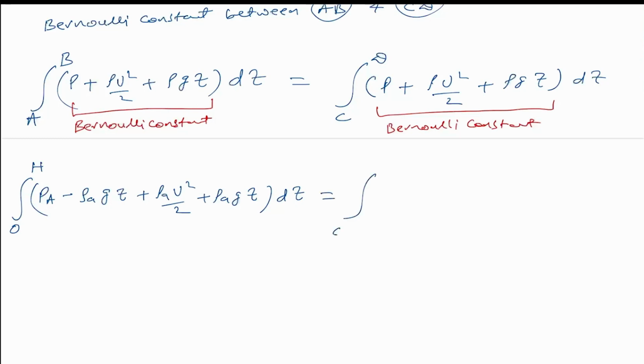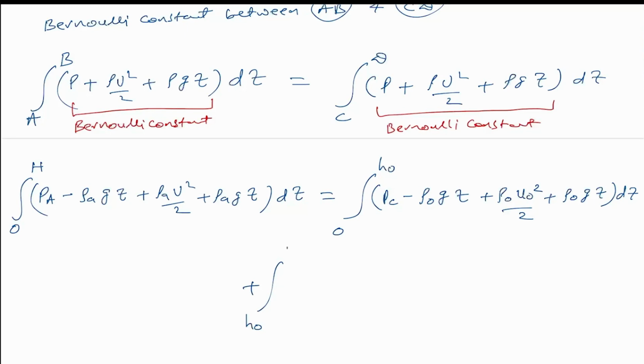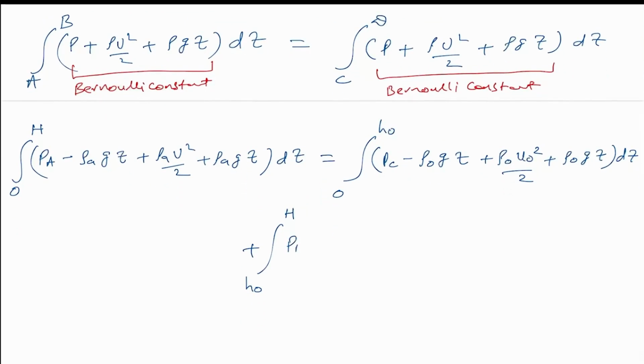On the right hand side, we first go from 0 to H naught, and there we have PC minus rho naught g z plus rho naught u naught square by 2 plus rho naught g z dz, plus we now go from H naught to capital H, and there the pressure becomes PE minus rho ambient g (z minus H naught), plus rho A uA square over 2 plus rho A g z.